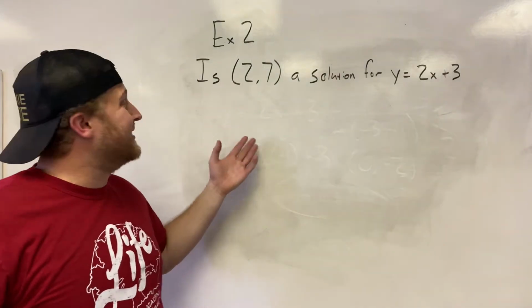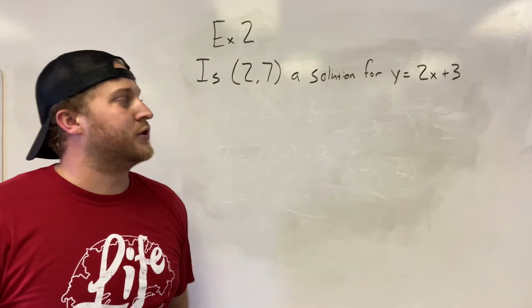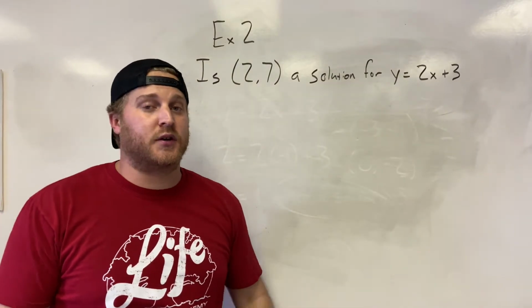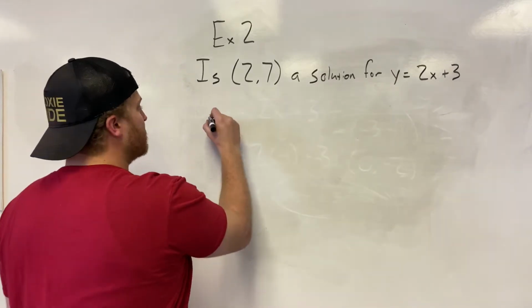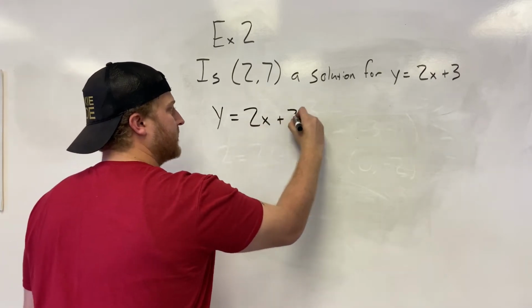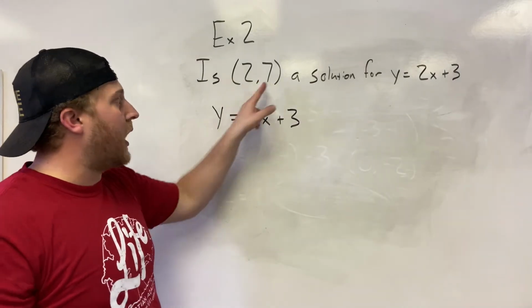All right, example 2 is: is the point (2, 7) a solution for the same equation that we just used, y equals 2x plus 3? We're going to do this the same exact way we did example 1. We take our equation y equals 2x plus 3, and then we ask ourselves, with this point, what does y represent?